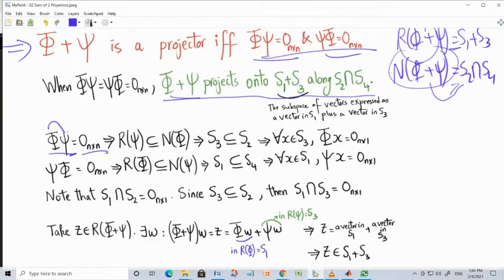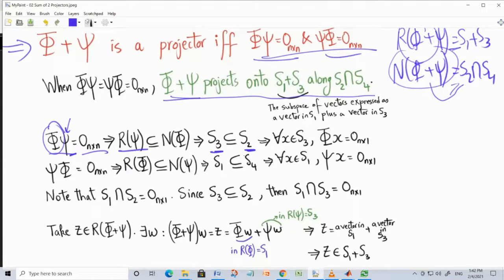If phi psi is equal to the all zero matrix, this means that the columns of psi are living in the null space of phi. And so this means that the range of psi is a subset of the null space of phi. So this means that S3 is a subset of S2.